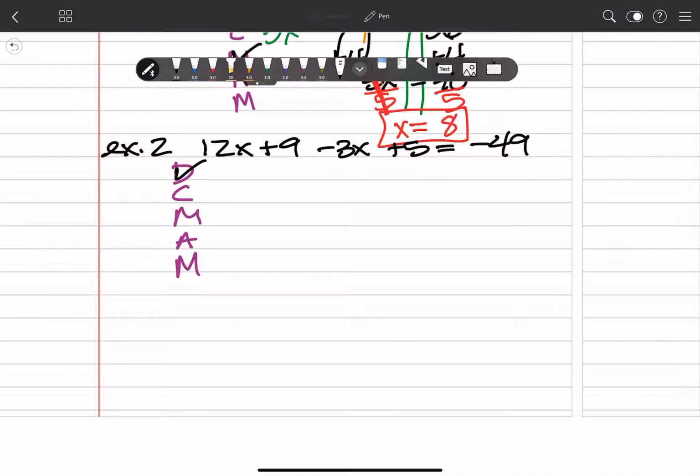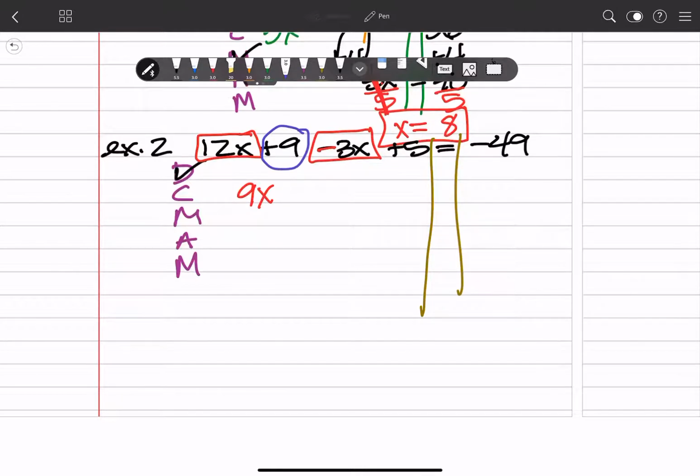But you do have a lot of like terms that you can combine, especially on the left-hand side. I'm going to put a box around anything with a variable. And you get 12x minus 3x, which is going to get you a 9x.